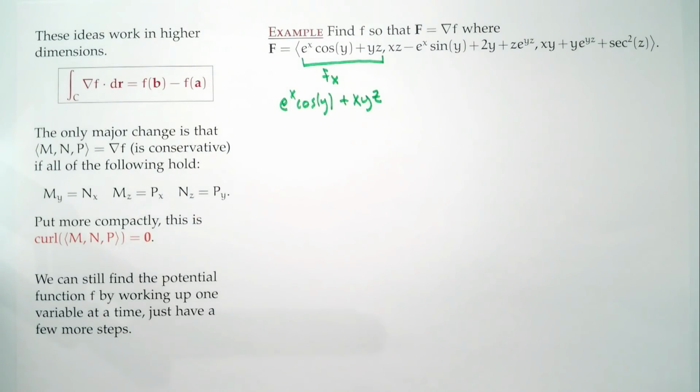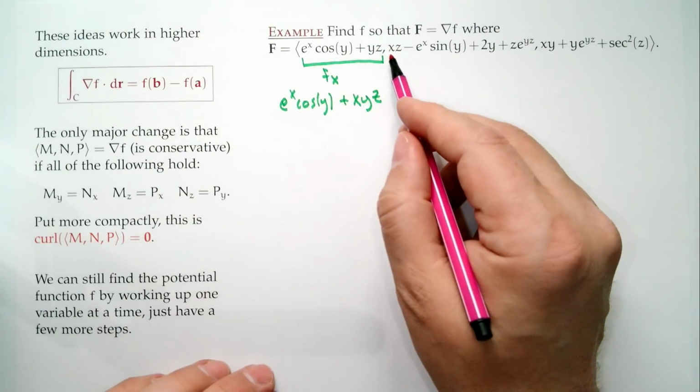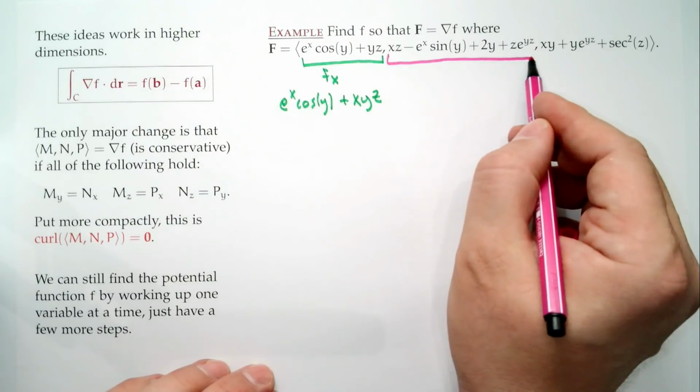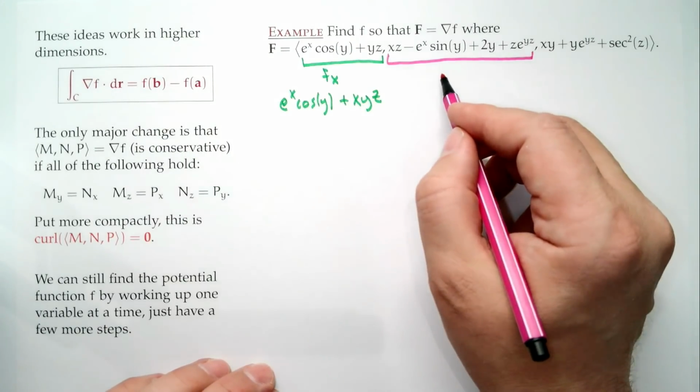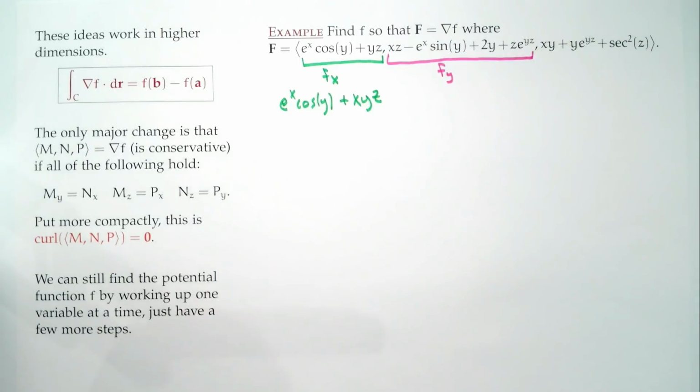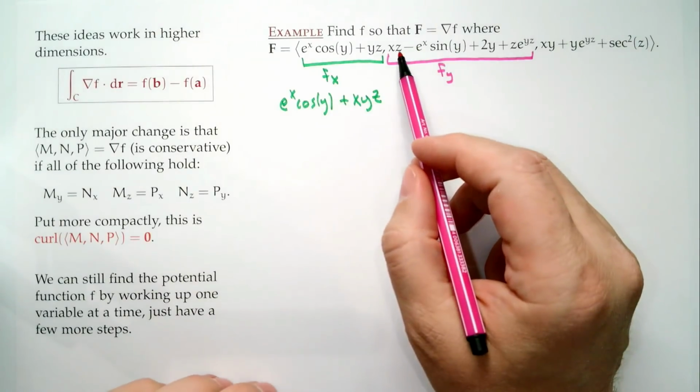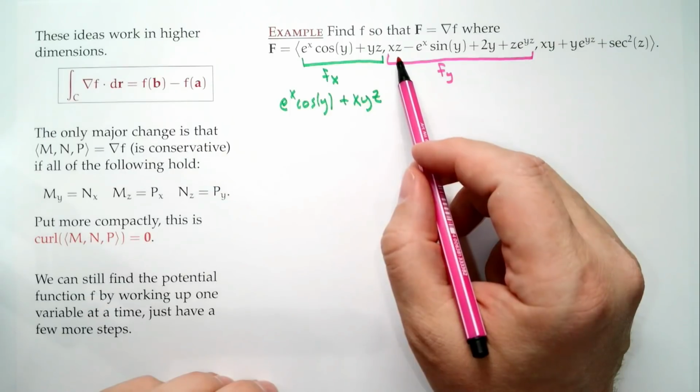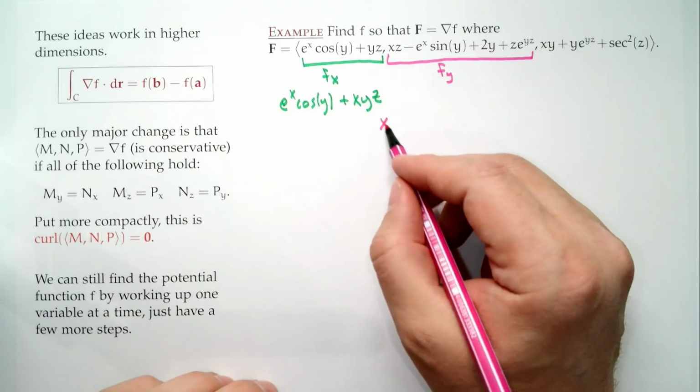Now let's go to our next slot, which is a very long slot. That should be the derivative with respect to y. Excuse me. So let's go through again and look at each piece. Antiderivative of xz with respect to y, xyz.